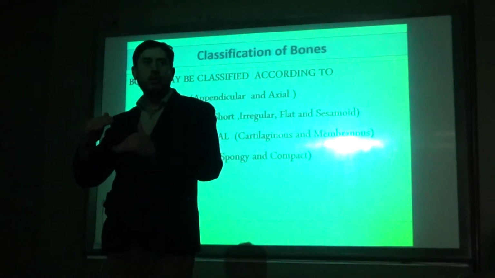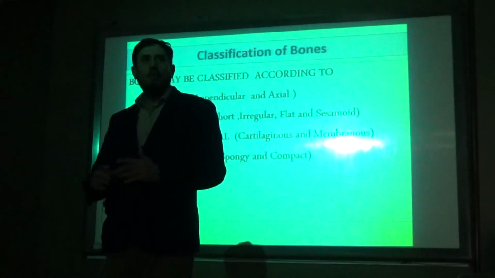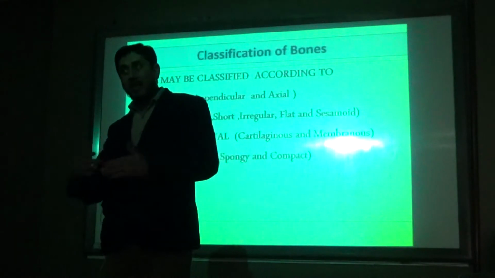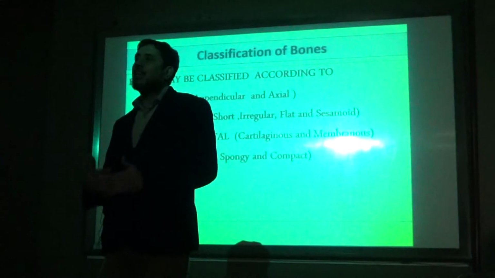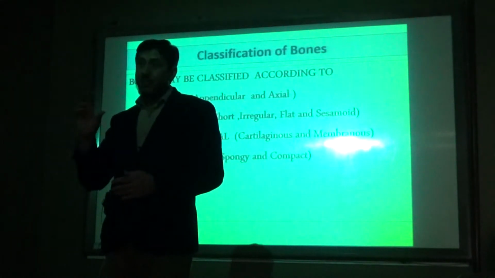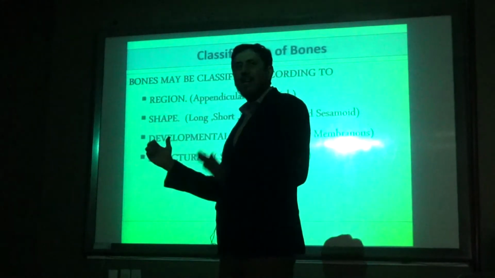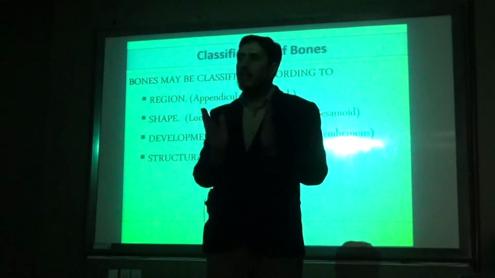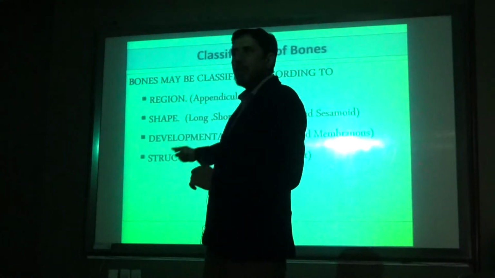What are the tissues? Cartilage and membranous tissue. When development is directly from cartilage, it is known as a cartilaginous bone, developmentally. First, the bones are not in the form of bony tissue. In which kind of tissue are they in the beginning? Again I am repeating, cartilage and membrane.